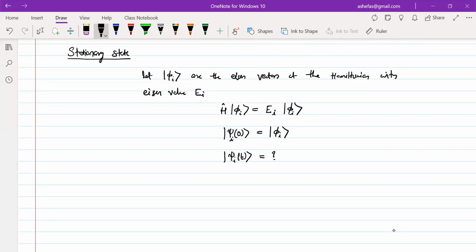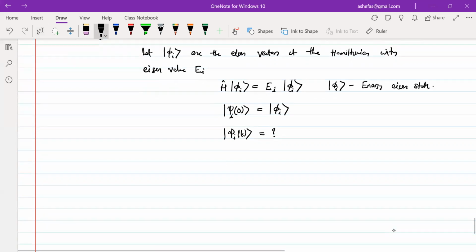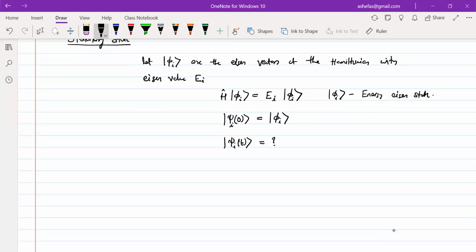How would be the time evolution for the energy eigenstate? This ket φ_i is an eigenstate of the Hamiltonian, so this is nothing but an energy eigenstate.